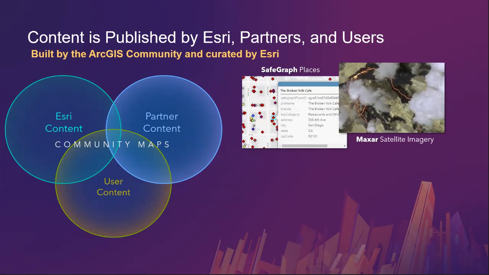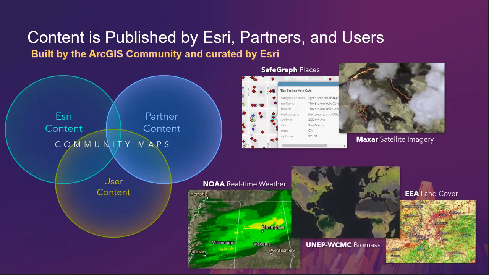This also includes high-res satellite imagery for areas that might be affected by natural disasters or other events. Living Atlas also includes content from authoritative organizations such as NOAA, the European Environmental Agency, and many others.